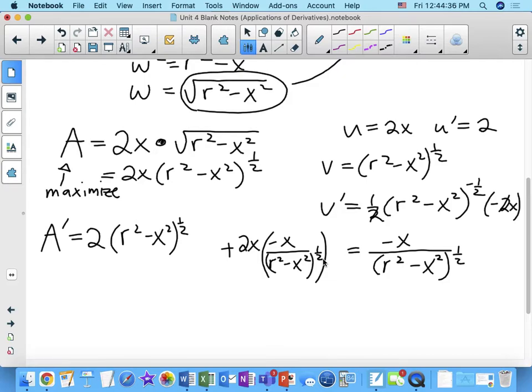Okay, and my goal is to figure out where this is equal to 0. And in order to do that, I need to simplify a little bit.